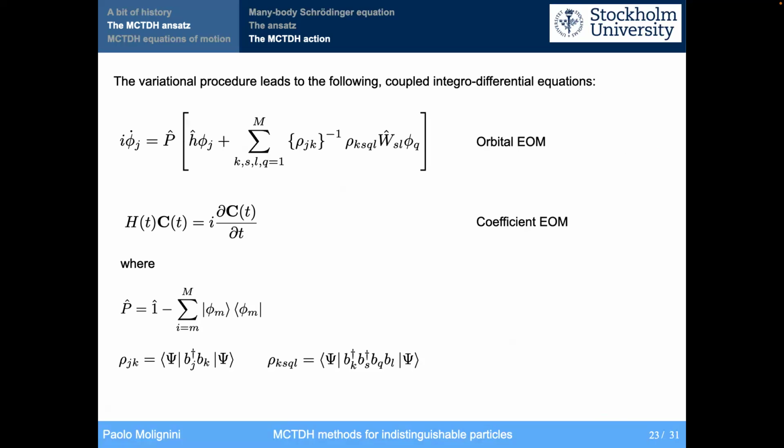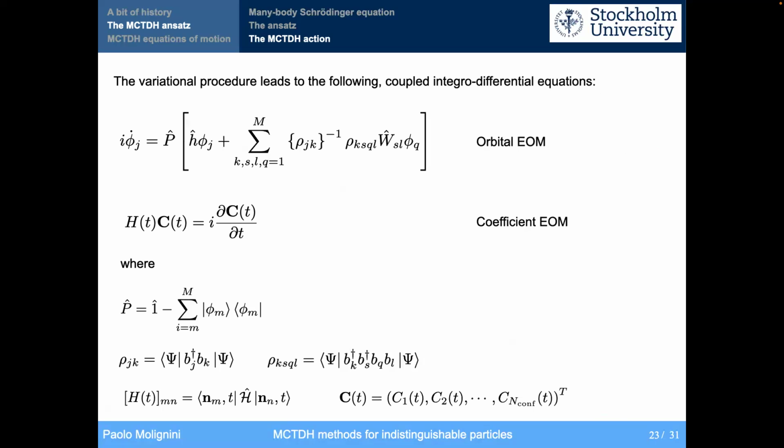To give you a better understanding of all the terms here, P is just a projector that you need to apply at every time step. Rho jk and rho k SQL, which we already discussed, are the one body and two body density matrices that you have to calculate from the many body state. So you need to have that at every time step.